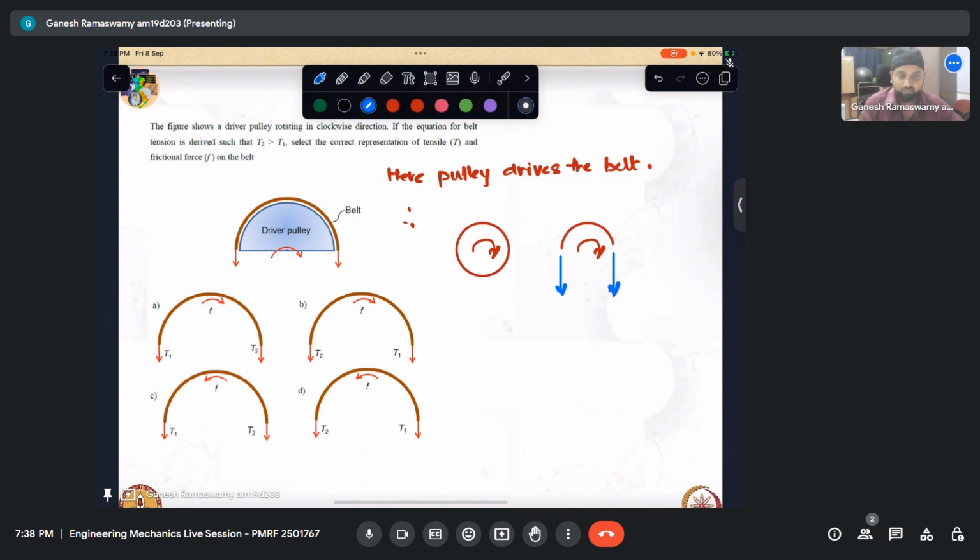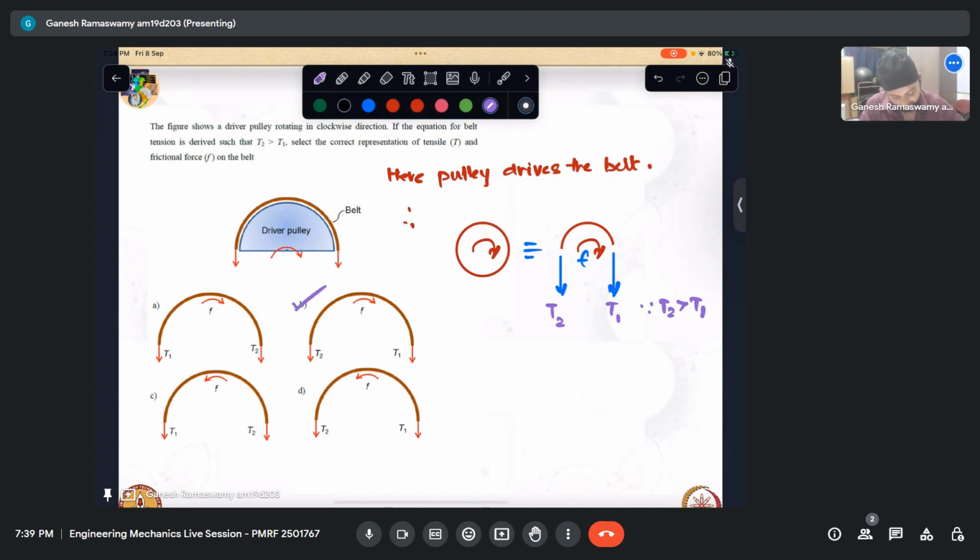So this is the direction in which the friction will get applied. If friction is applied like that, then naturally this becomes T2 and this becomes T1 since T2 is greater than T1. So we can see that option B is indeed correct.